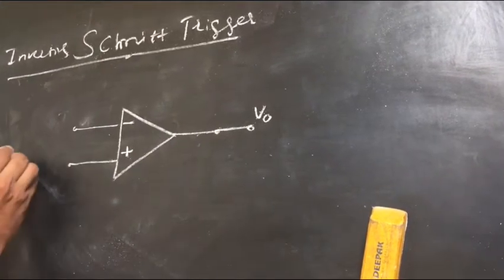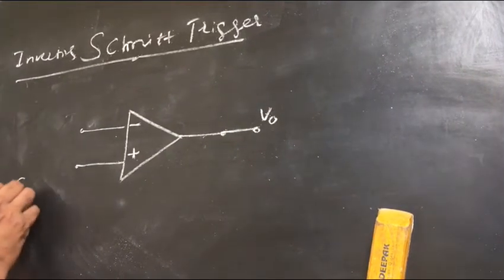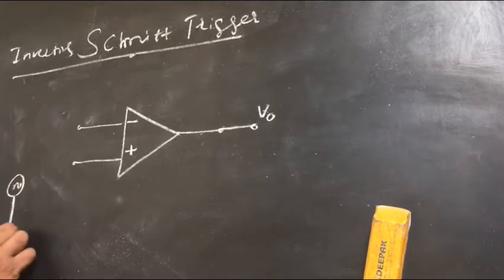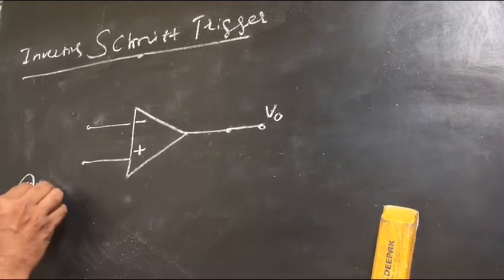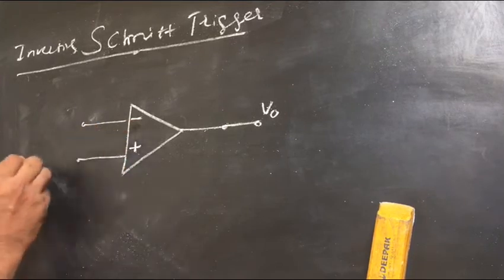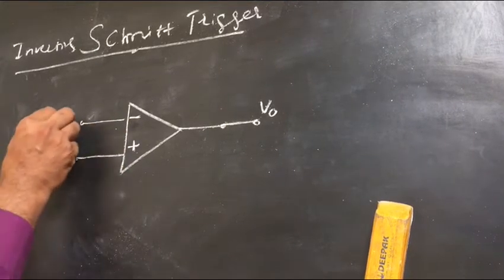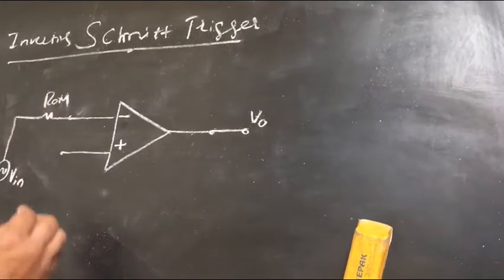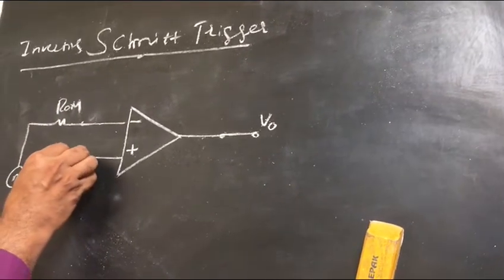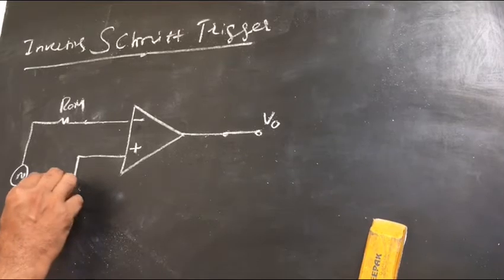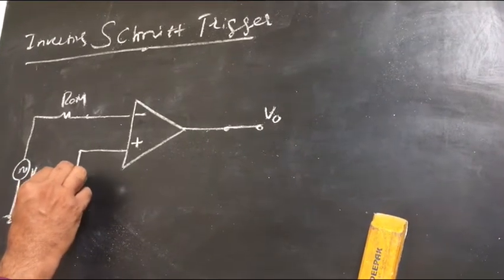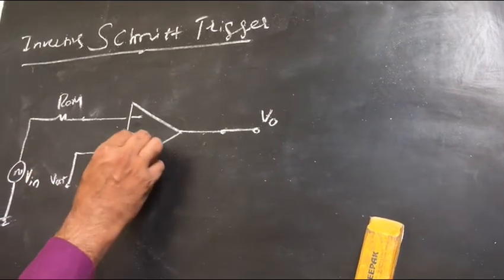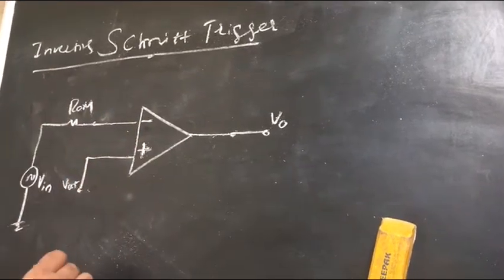In inverting Schmitt trigger, we are going to connect the input called Vin to the inverting terminal via a resistor R. And another input for the comparator is V reference, that is, this V reference is connected to the positive terminal of the op-amp.